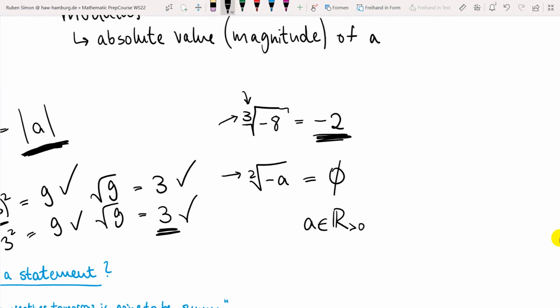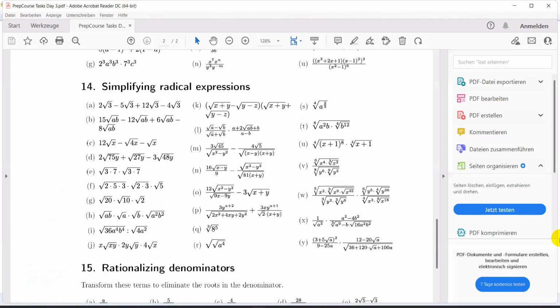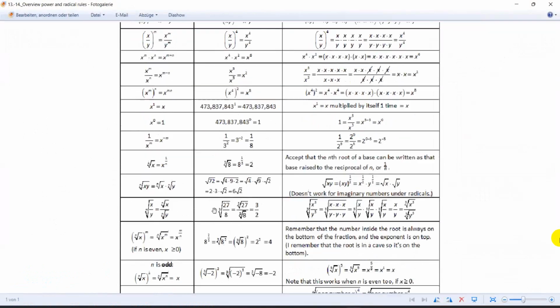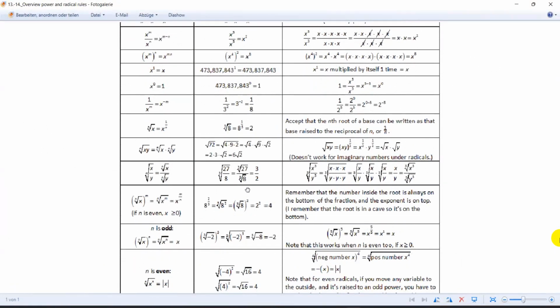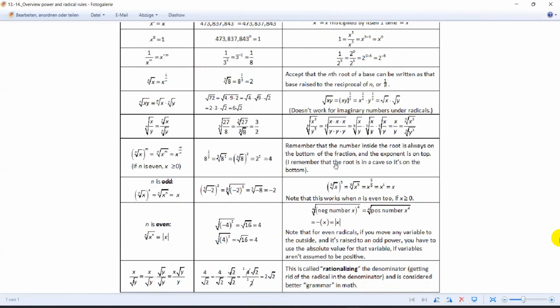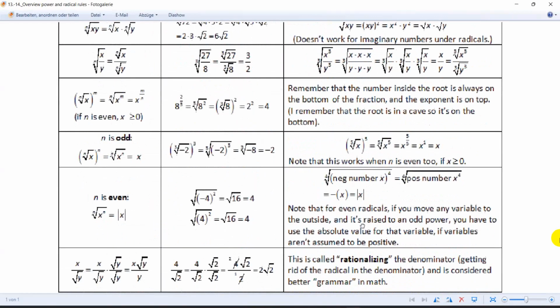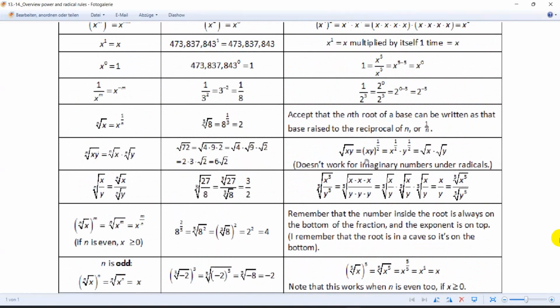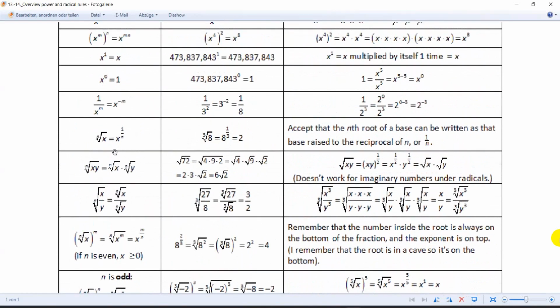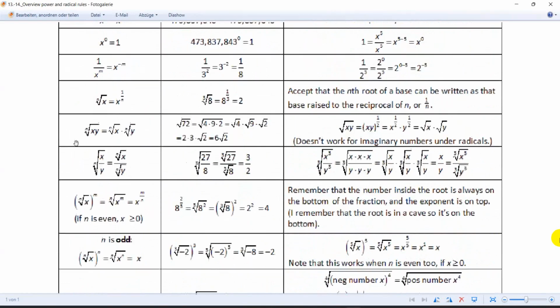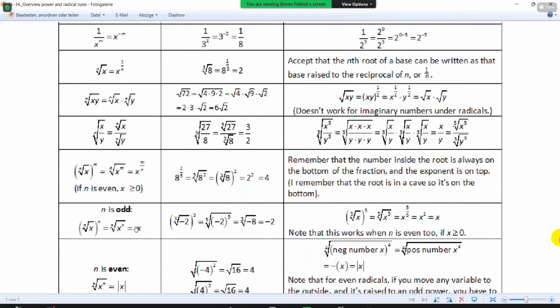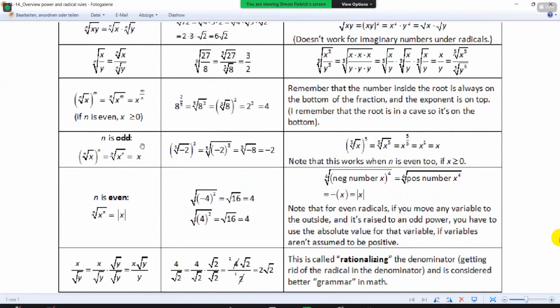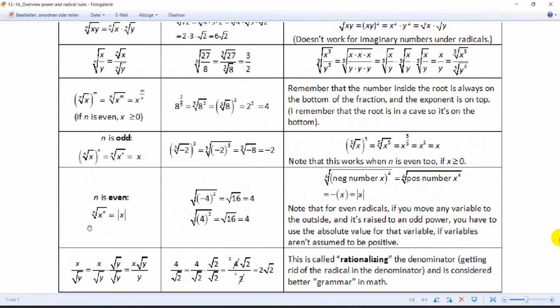And that's exactly what you may have also spotted in the sheet with the rules, which is in our material folder: that these root rules are a lot more complicated than the exponential rules, because you can spot that it is distinguished between an odd root exponent and an even root exponent.